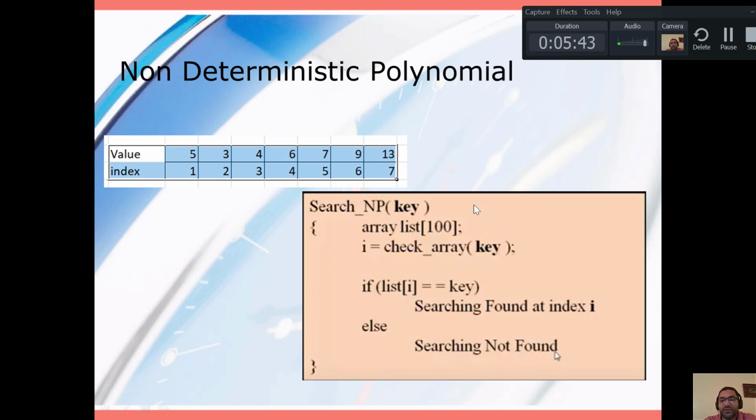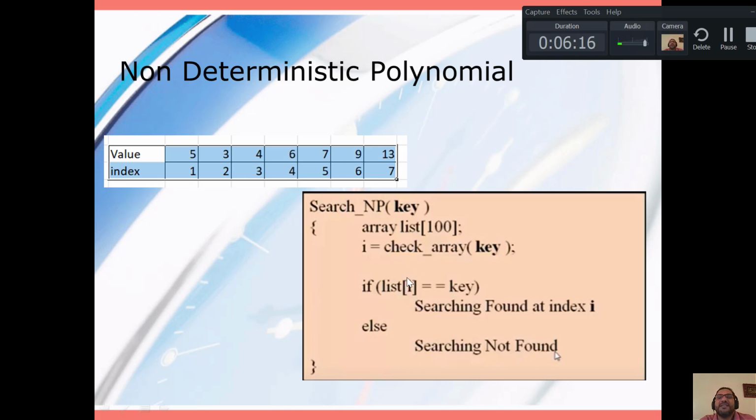So if I go through this algorithm, the if statement will be O of 1, and then return O of 1, else return O of 1. So if I find the algorithm called check array and I can make it O of 1, then I can say this is an algorithm of O of 1.